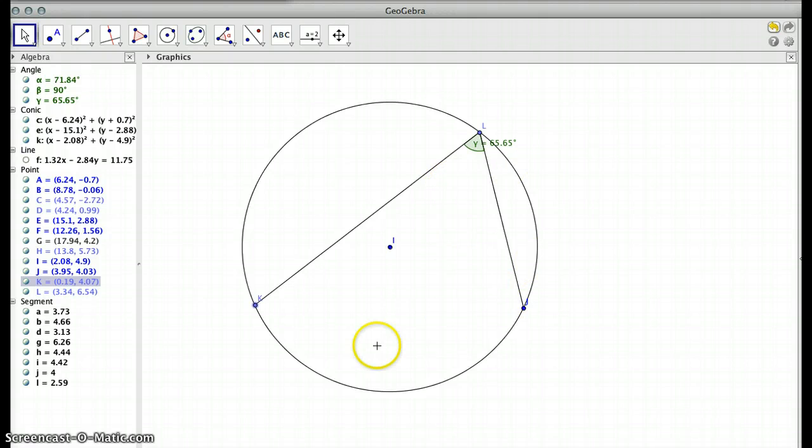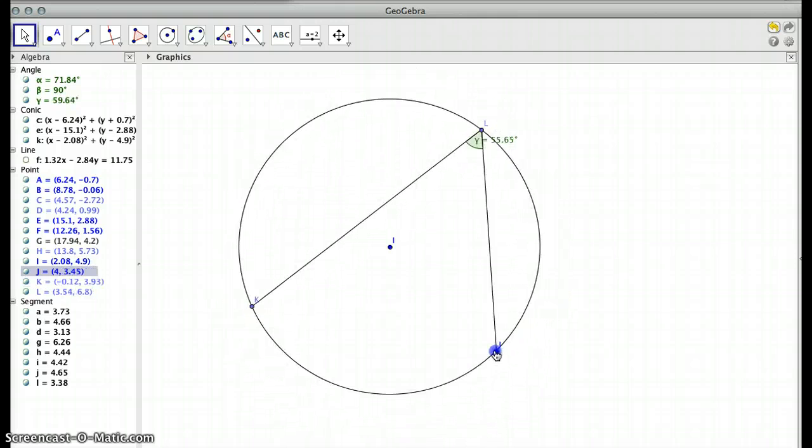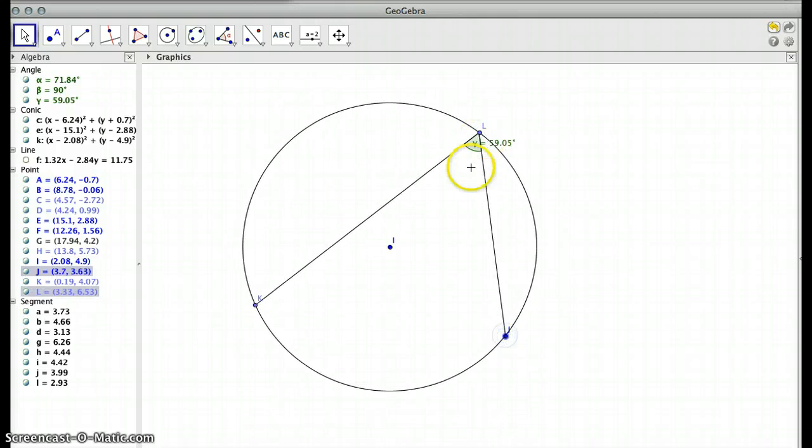But notice how if I fix these two points, say I fix K and J, and I leave those exactly where they are. Let me make it more obvious. Okay, so now we have an angle here. This inscribed angle is 59.05, and this program, GeoGebra, can be set up so it automatically measures this angle KLJ, no matter how I change the points that are involved.